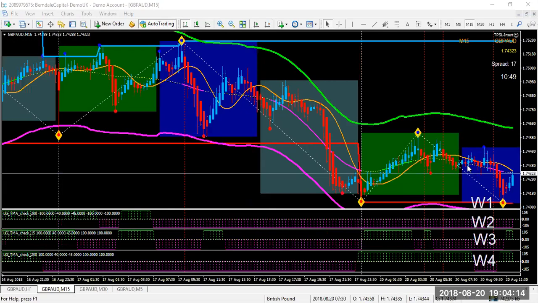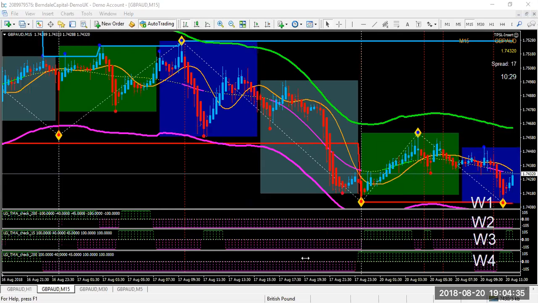Hit tab again and go to the very last candle in the green box, and the close price is 1.74413. Okay. Press calculate. All right, so all the magic numbers are there.